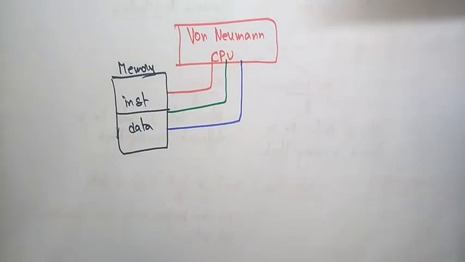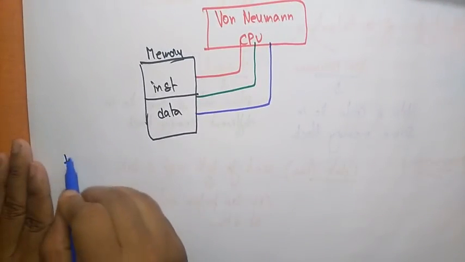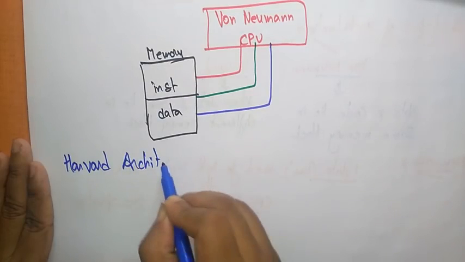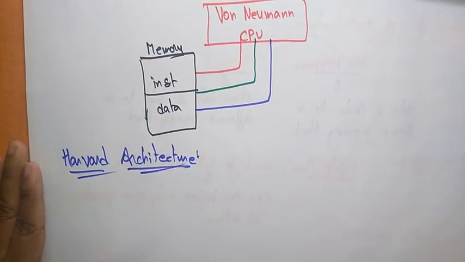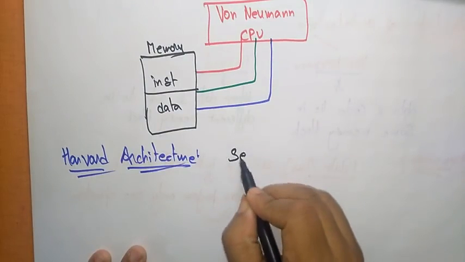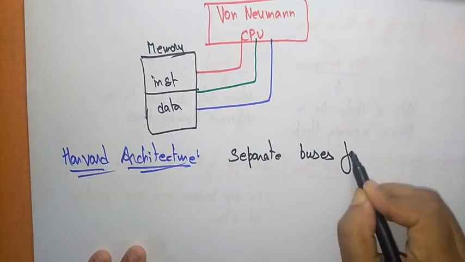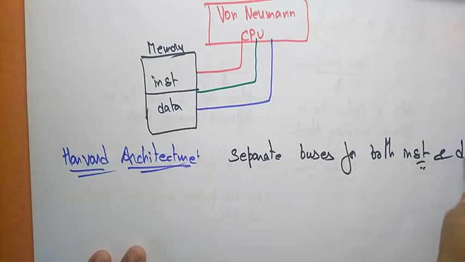Now let me explain the Harvard architecture. What is this Harvard architecture? It offers separate storage and signal buses for instructions and data. It uses separate buses for both instructions as well as data.